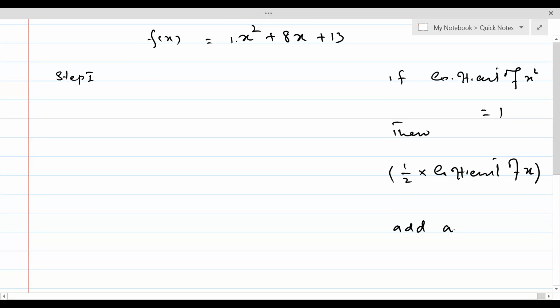So these are a couple of things that we'll need to do step by step.